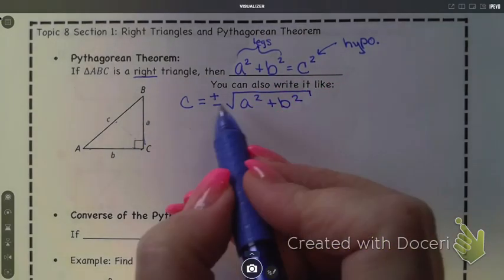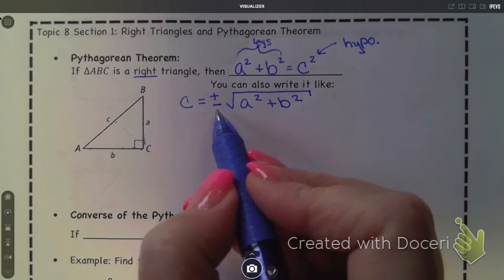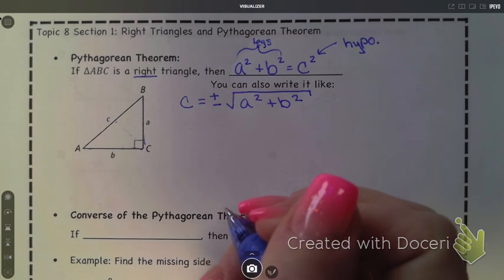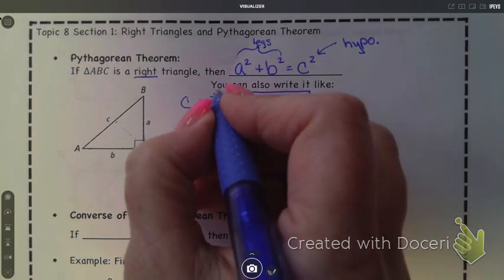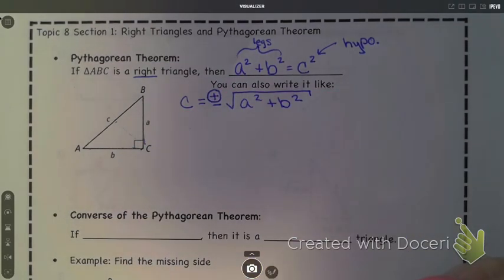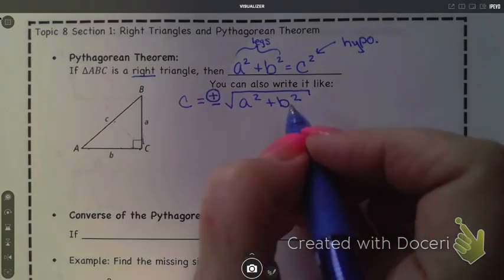Now, it's always plus or minus, but we're talking about sides of a triangle. Can you ever have a negative length? No. So it's always going to be the plus. But I want to keep pointing that out to you. When we take the square root, it's plus and minus, but sometimes they're not always good answers. We have to know when it's both answers and when it's only one of them. So that gives me the hypotenuse.